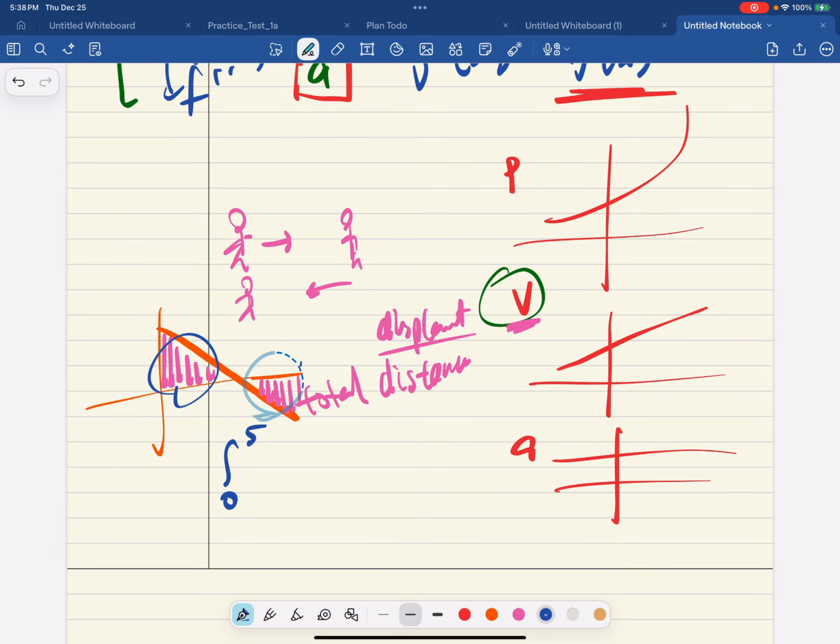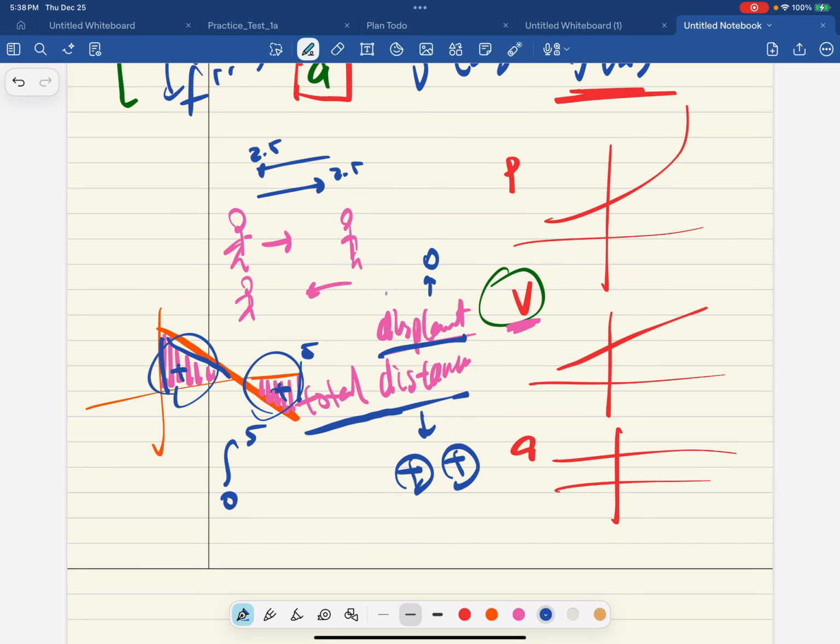Let's say that this is 5. They went that way 2.5 seconds and went back that way 2.5 seconds. The total displacement is equal to 0, but the total distance that they walked is the total area, so you have to add them.